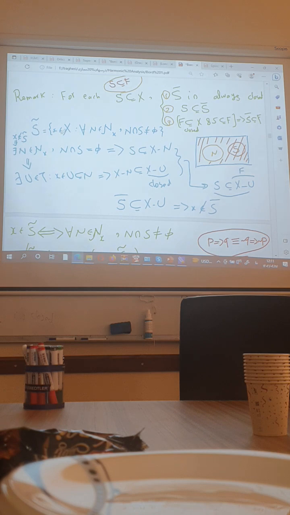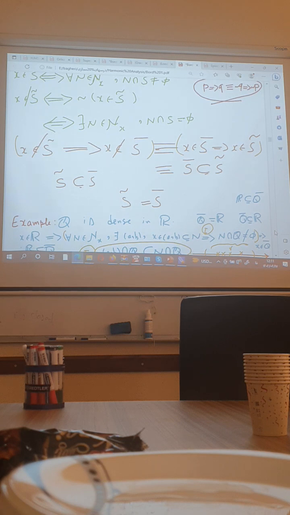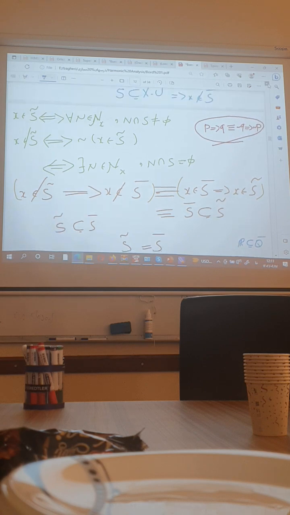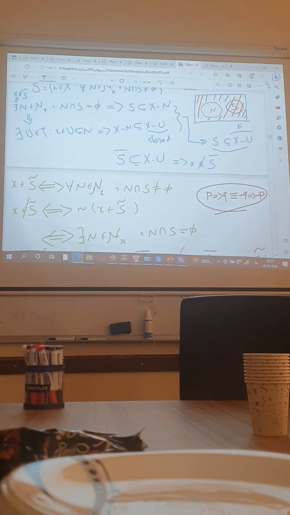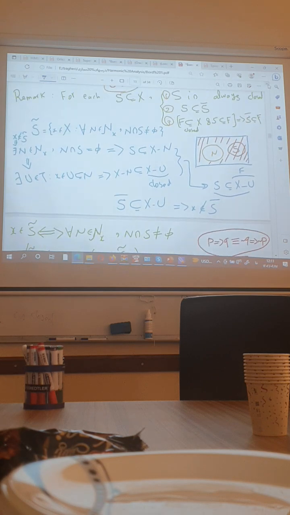And we prove this for you. S bar is the intersection of all F. This S tilde is a new set, okay?